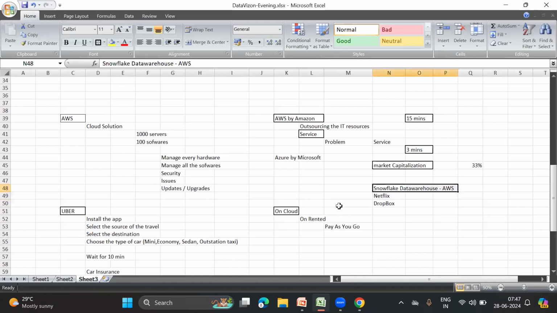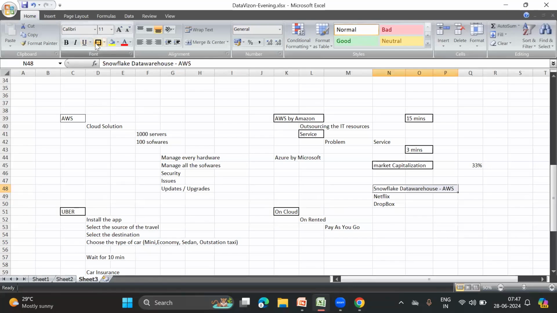It is a very interesting story if you are keen to know about it. Snowflake Data Warehouse was developed on AWS, right? In the beginning, Snowflake and AWS had a very bitter relationship with each other. AWS had a customer-first policy, which says we are going to help all our customers build whatever they want to do.